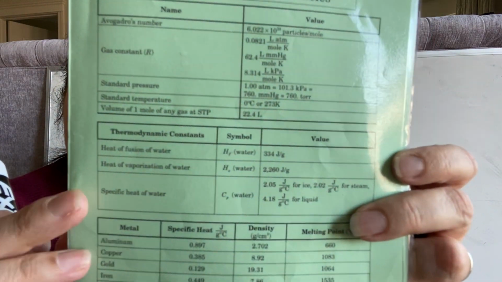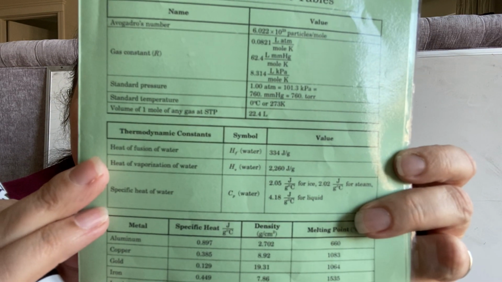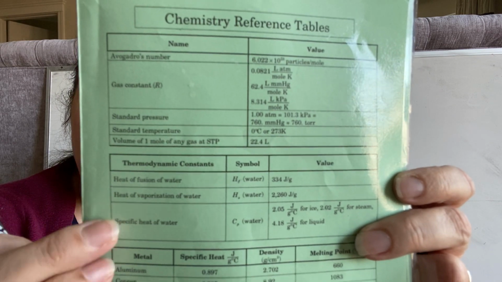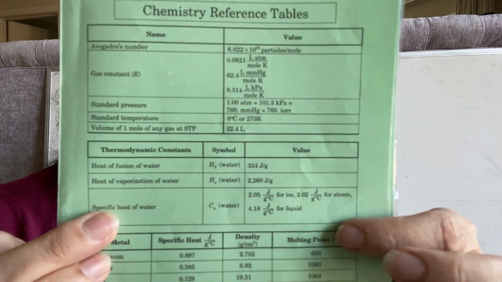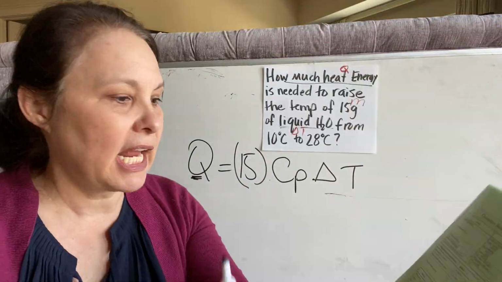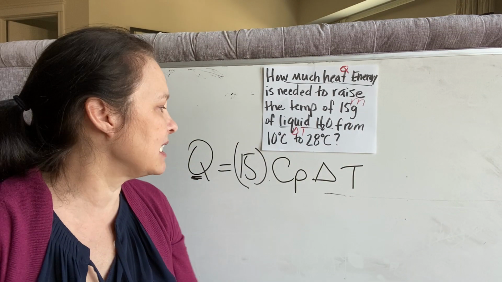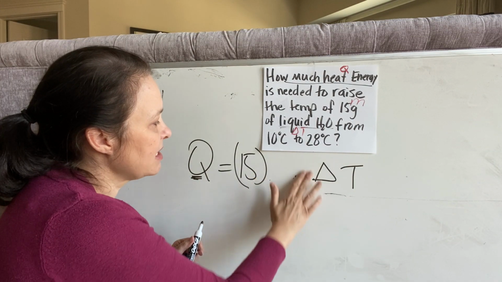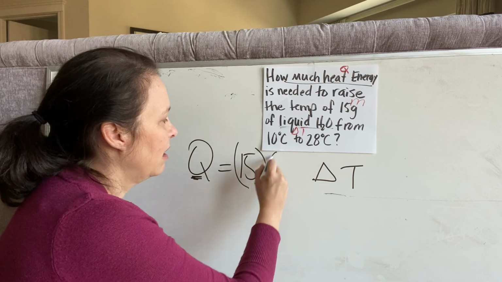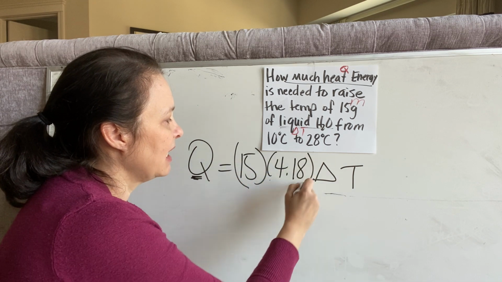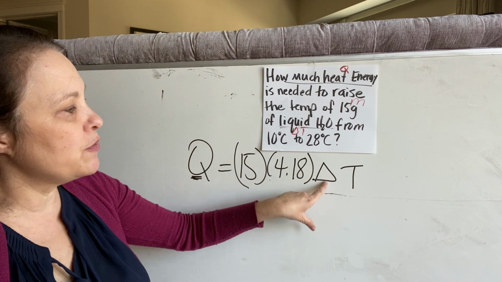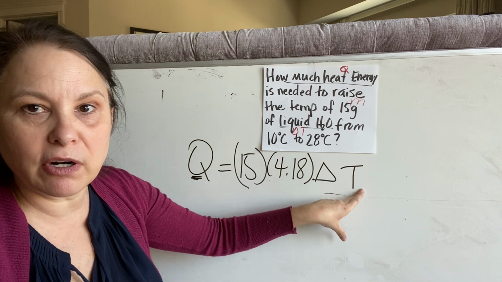So I go to the front cover and I find the specific heat for liquid water. And it says right there, the specific heat for liquid water is 4.18. So in this spot, I'm going to plug in 4.18.